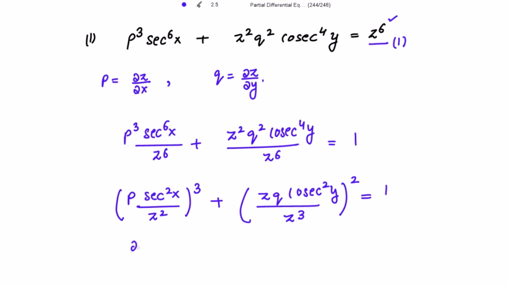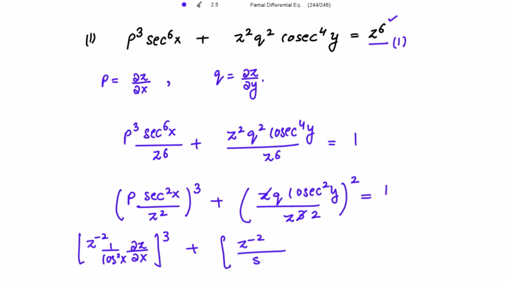Writing this p as del z by del x, and sec²x is 1 divided by cos²x, and writing this z² to be in the numerator, z to the power minus 2, and it is having the cube, plus this z is cancelled out with this, having the power 2 over here, and it is z to the power minus 2. Cosec²y can be written as 1 divided by sin²y, and this q is del z by del y, and it is having the square equals to 1.